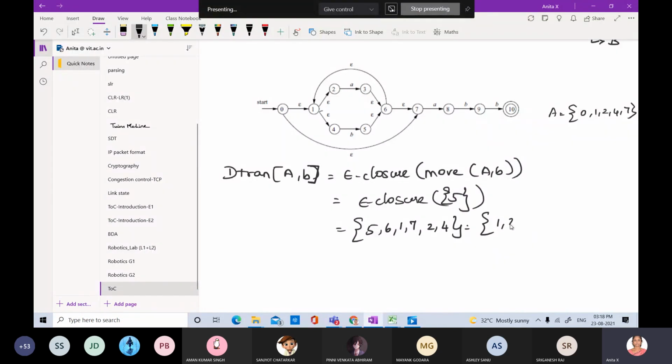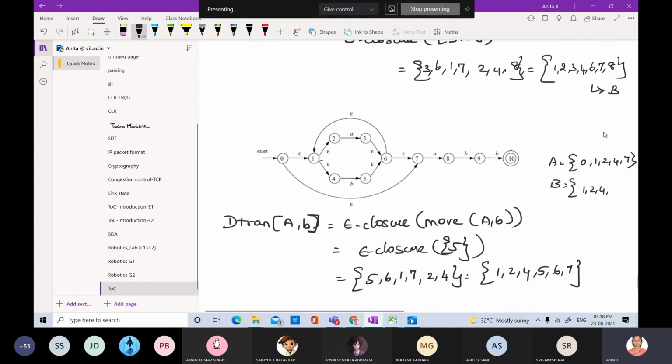So it is equal to 1, 2, 4, 5, 6, 7. Right? So here, is this a new state or an existing state? A new state. So I'm going to give a new name. Let me call this as C.